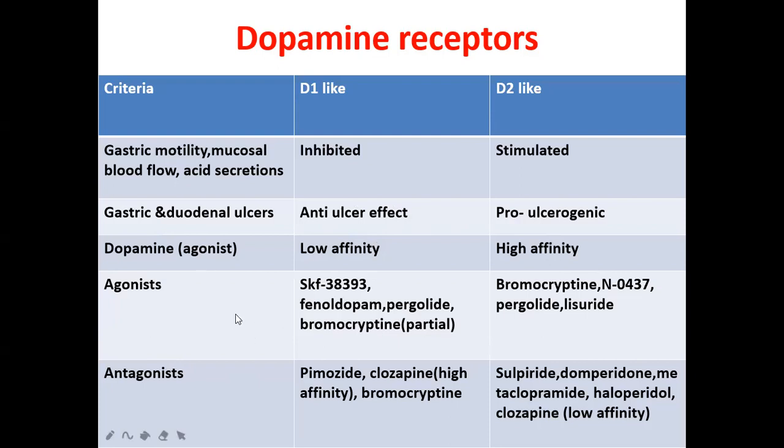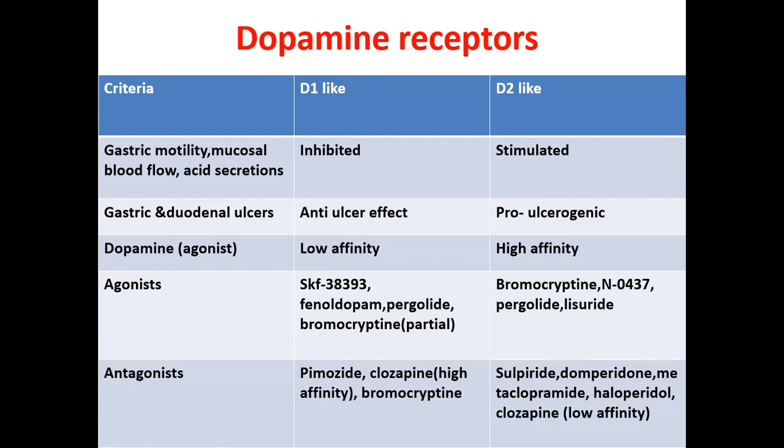When you talk about the agonists, there are SKF 393, fenoldopam, pergolide, and bromocriptine, which is a partial agonist at the D1 receptor. Then we have bromocriptine, pergolide, and lisuride, which have agonistic activity at D2-like dopaminergic receptors. When you talk about the antagonists at D1, we have pimozide and clozapine, which has high affinity, and bromocriptine.